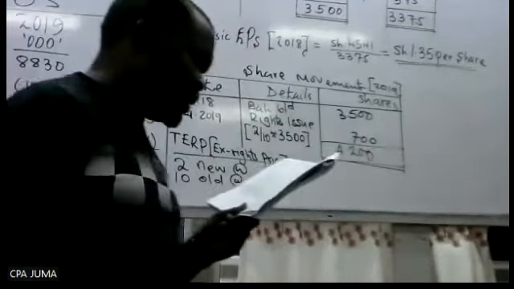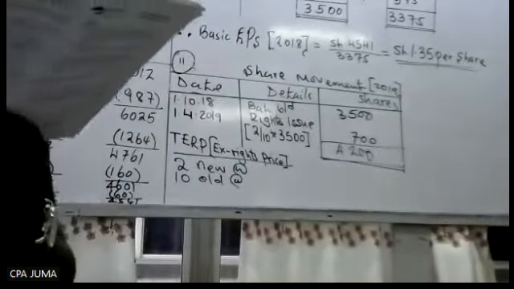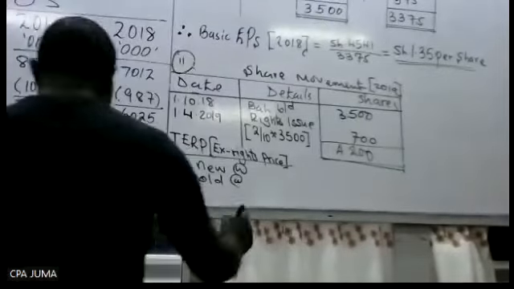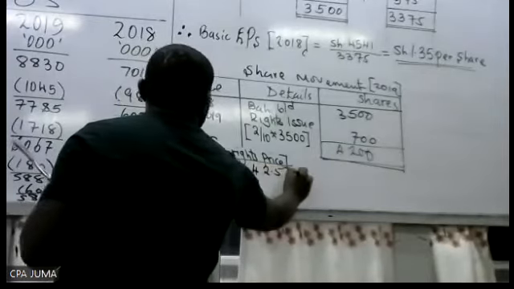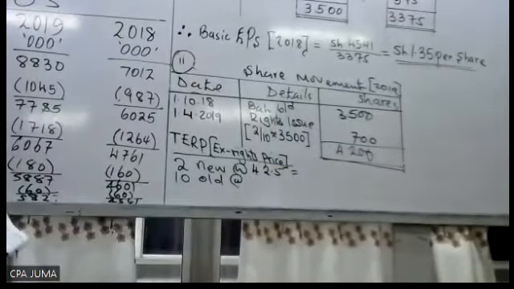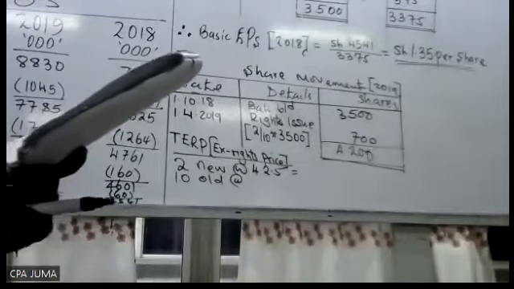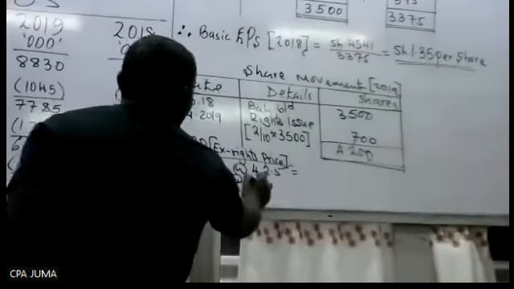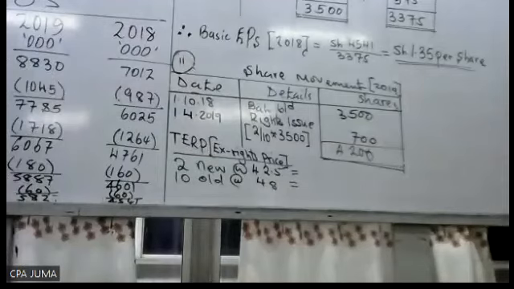Two new shares for every 10 held. The rights price was 42.5. So these new ones they are giving us are valued at 42.5 each. But what was the market price of the old ones? Market value as at the same date was 48. So the old ones in our hands on that date had a price of 48.